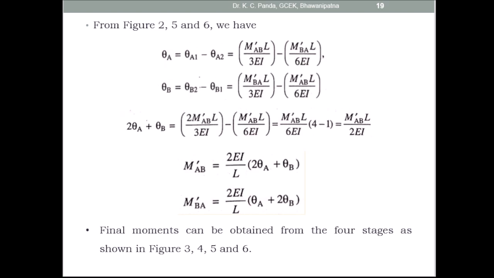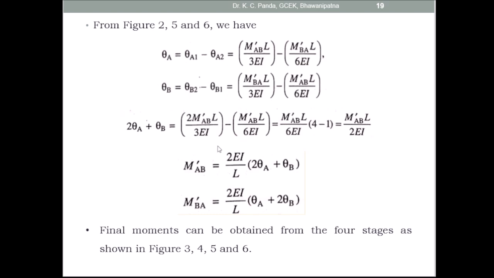Finally, you get the rotation at A and rotation at B due to the rotational moments M dash AB and M dash BA. So the rotational displacement at A, you can find out by taking theta A1 minus theta A2. Then the rotational displacement theta B is equal to theta B2 minus theta B1.